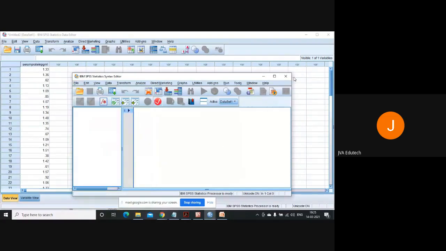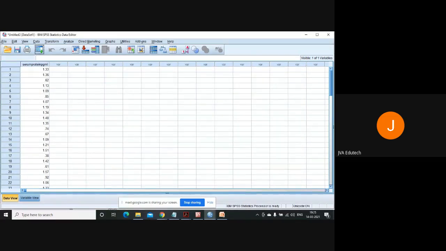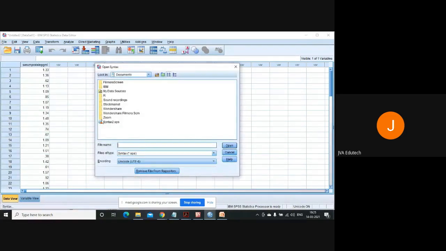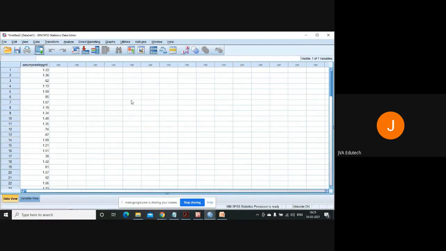Next time, you can call that syntax file again by opening it and running it. It will be saved as .sps. You can run that syntax file and you can modify your commands and your code. It will make your work easier and faster as compared to going through clicks every time and searching for the options.